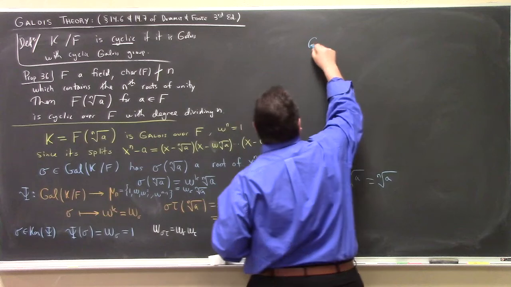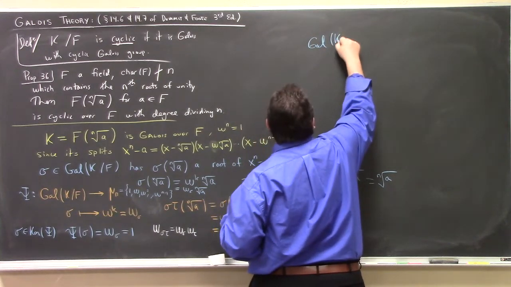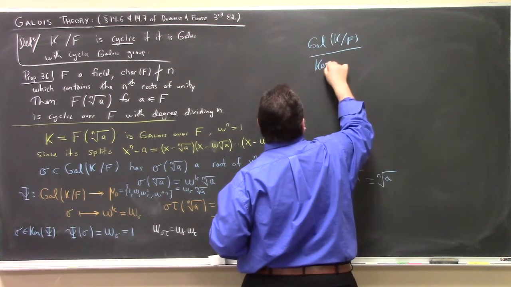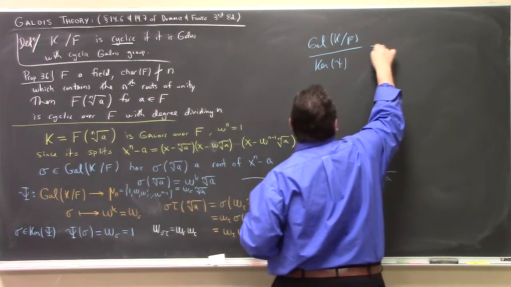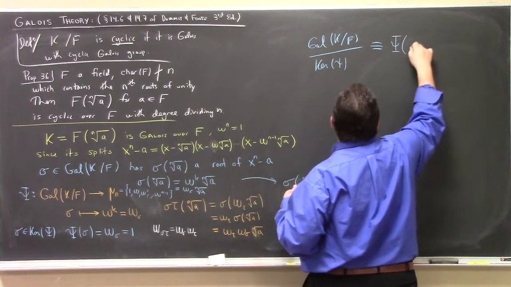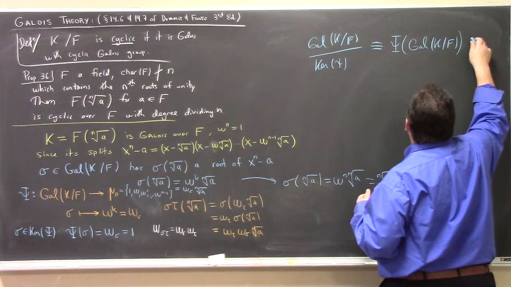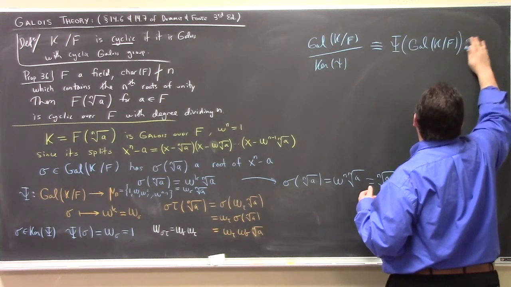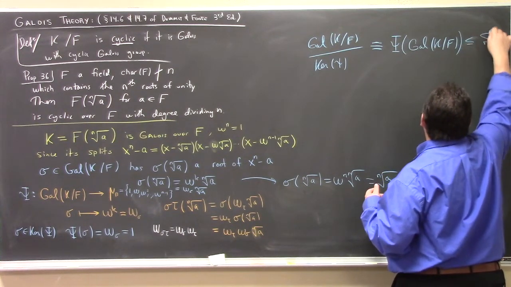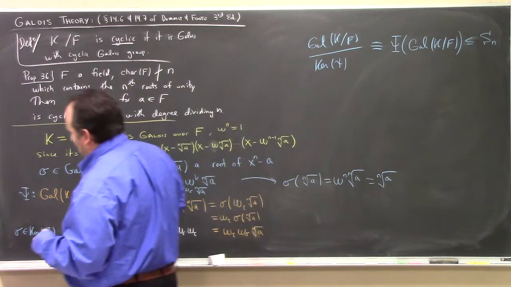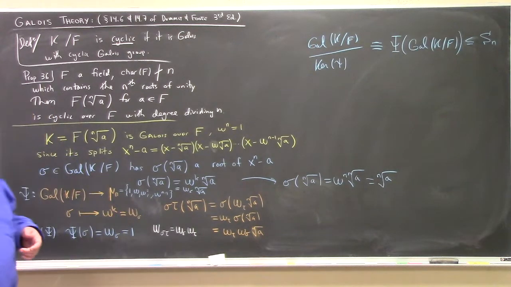You can take the Galois group K over F mod the kernel of psi, and that's going to be isomorphic to psi of the Galois group of K over F, which of course is a subgroup of Sn.